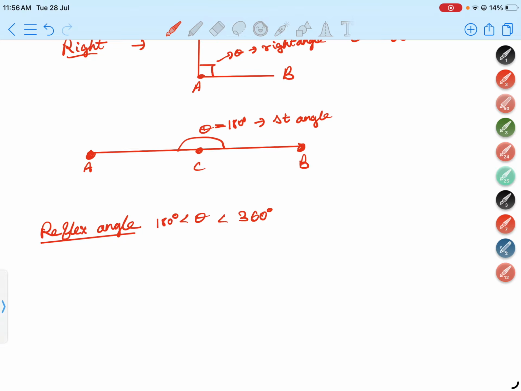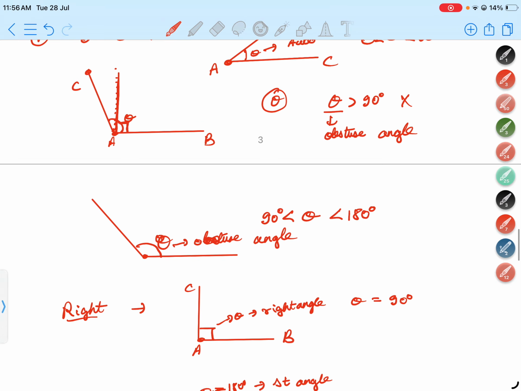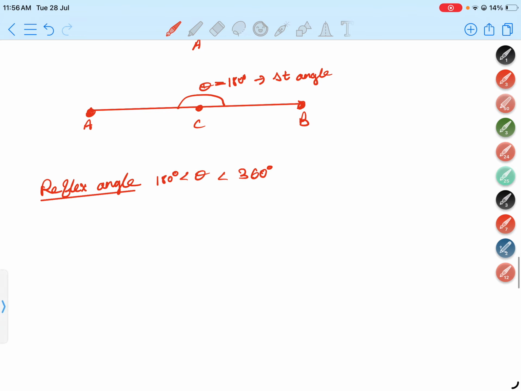So how will you draw it? An angle which is greater than this and less than this. Let's say this is A, this is B, and from A we draw towards C. Now pay close attention to this diagram.